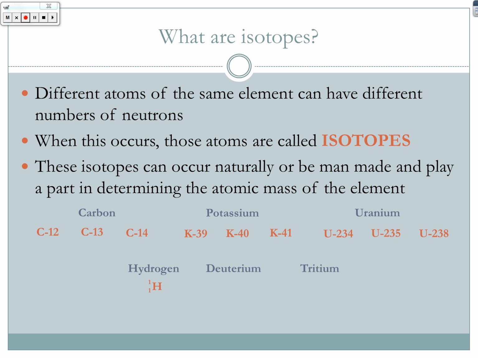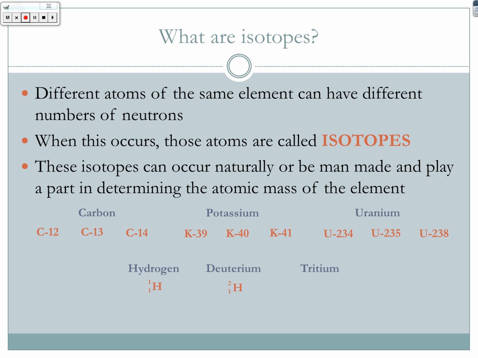Here, hydrogen is H-1-1, which is how we denote it, and that means that it has 1 proton. So remember, the number on the bottom here is the number of protons, or the atomic number, and the number up top here is the mass number, or the number of protons and neutrons. So hydrogen just has 1 proton. It actually has 0 neutrons.